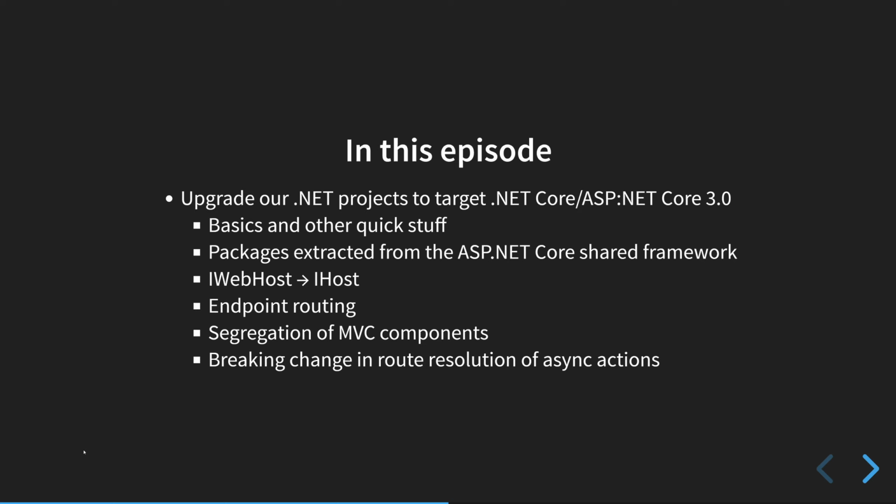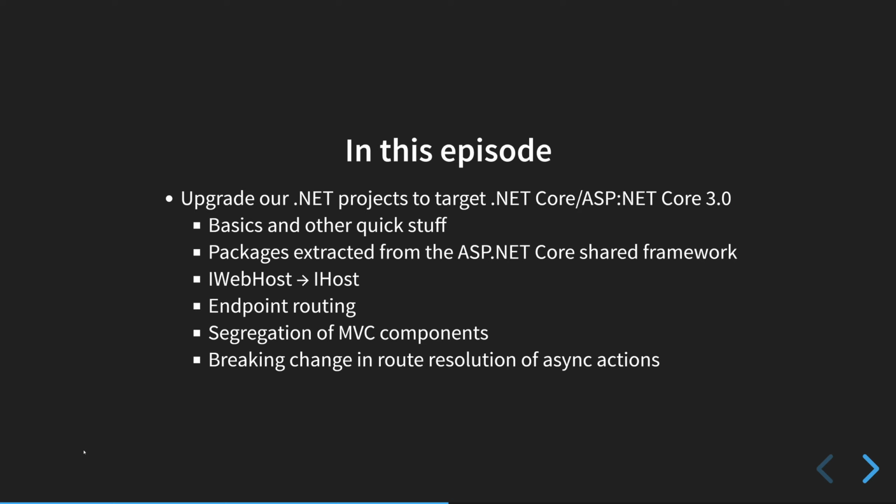But basically, we're going to upgrade to .NET Core and ASP.NET Core 3.0. We'll go through the basic stuff and other quick bits. Then we'll take a look at the fact that some packages were extracted from the ASP.NET Core shared framework.